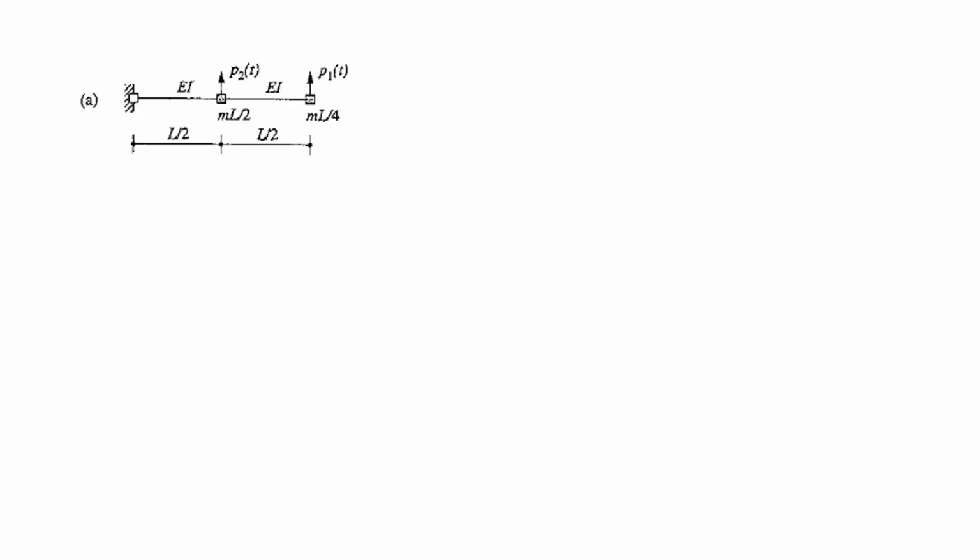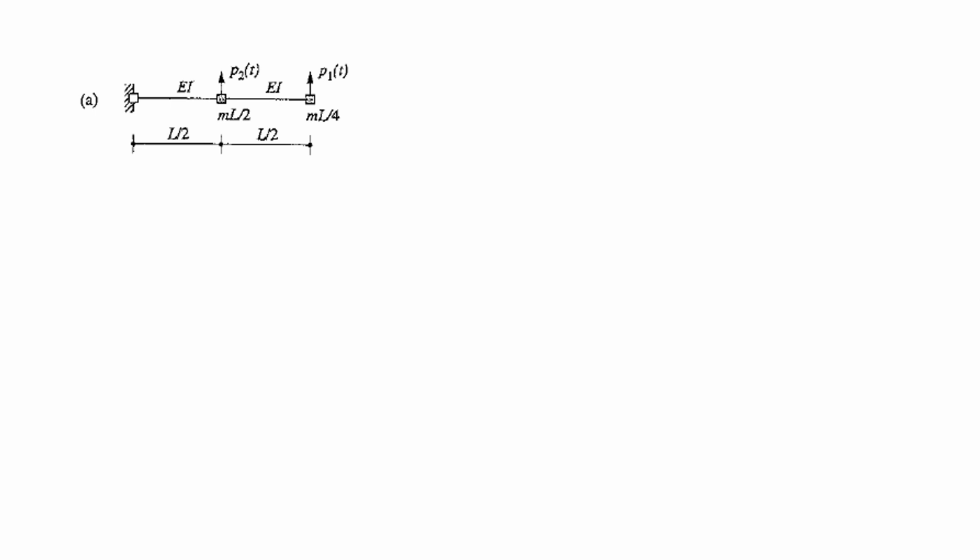Now here we are starting with an example. This is an example of a massless cantilever beam of length L. It supports two lumped masses. One is ml by 2 and another one is ml by 4 at midpoint and at free end as shown in the figure.